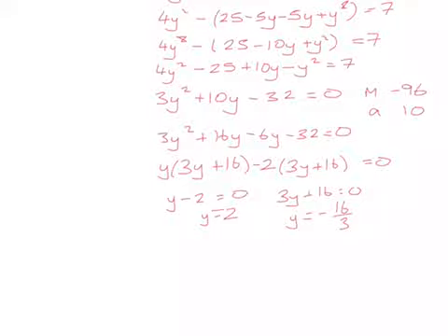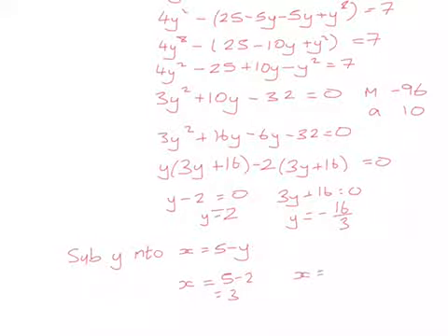So now if we want to sub both of those into x equals 5 minus y, then x will be 5 minus 2 equals 3, and x will be 5 minus minus 16 over 3, which is actually going to be 31 over 3.